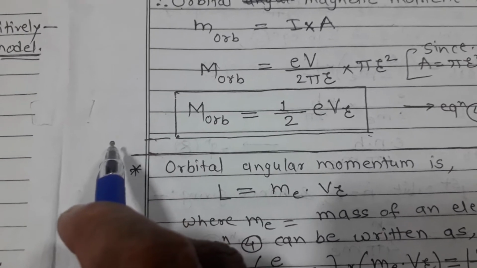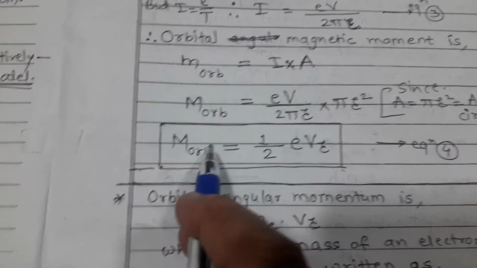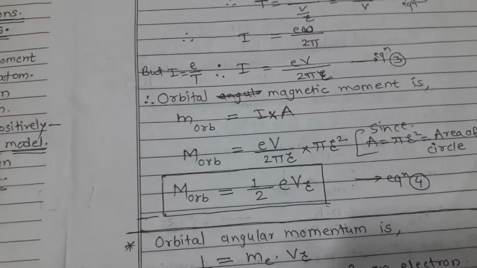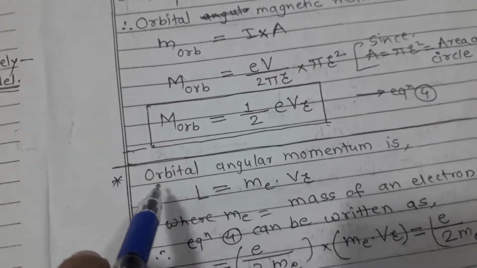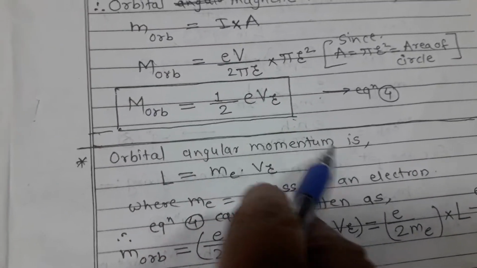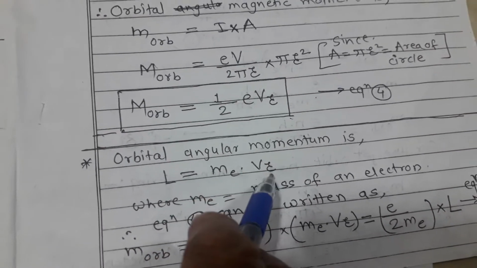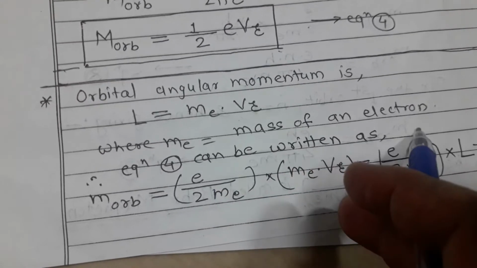Now see here, if only magnetic moment, orbital magnetic moment is asked, then we have to write up to this point, equation number 4. But when we are asked for orbital angular momentum, then the expression is again in this way. Orbital angular momentum capital L is equal to small m of e into v r, where m of e is equal to mass of an electron.